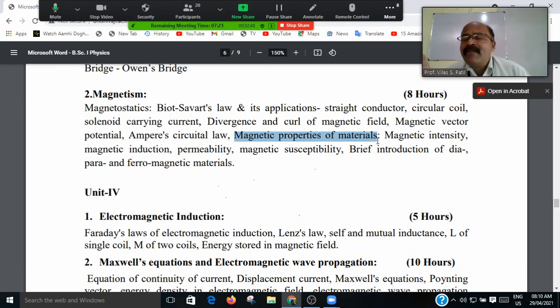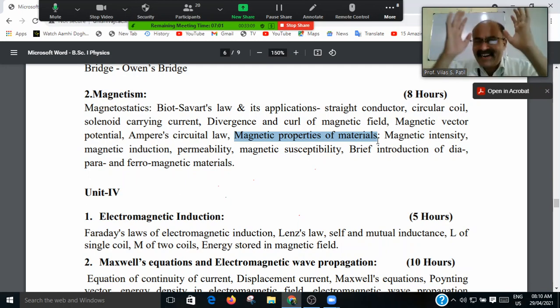A ferromagnetic material is one which is highly attracted by a weak magnetic field. A diamagnetic material is not attracted even by a strong magnetic field.